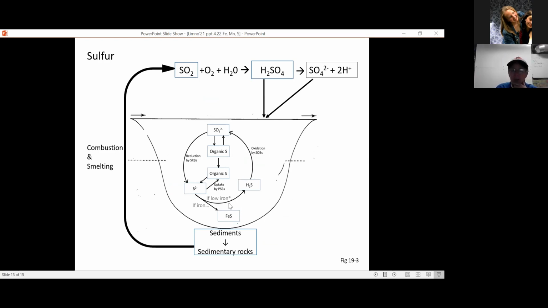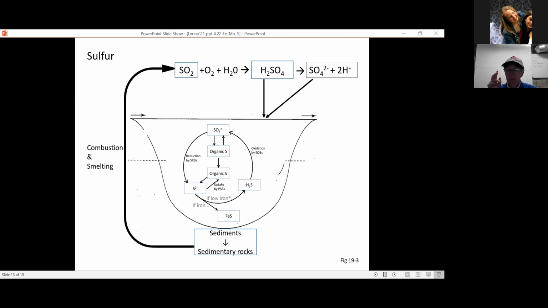So the iron sulfide is buried in the sediment. And I tried to put an arrow in, but I couldn't do it neatly. This organic matter also falls to the sediment too. So in the lake sediment, you have sulfur in two forms.